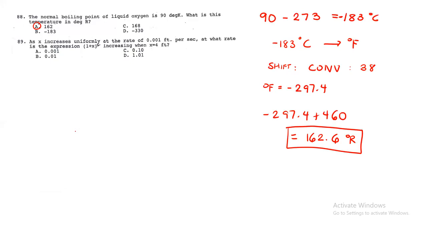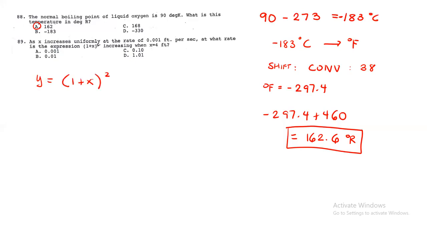89. So, as x increases uniformly at a rate of 0.001 feet per second, at what rate is the expression 1 plus x squared increasing when x is equals to 4 feet? So, meron tayo dito, y is equals to 1 plus x squared na lang.